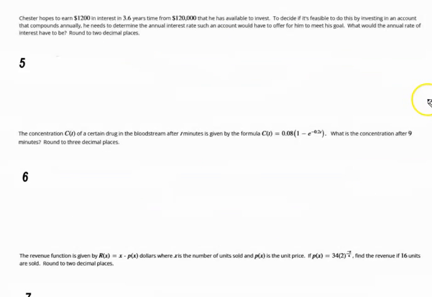Now, at looking at these, number 5 gets challenging. So take a moment to read it and see if you could figure, and we're using this as compound interest. So this will be our formula.